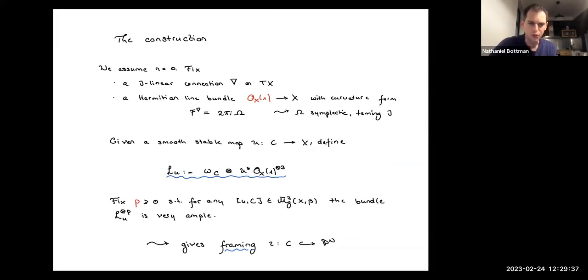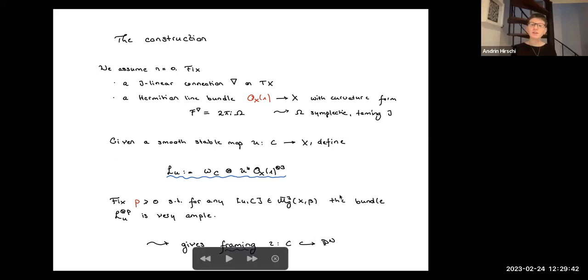In the definition of LU, where does the power 3 come from? The point is just that, if C is smooth, it's essentially tailored to make this positive on every irreducible component.